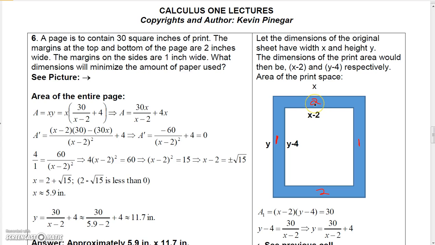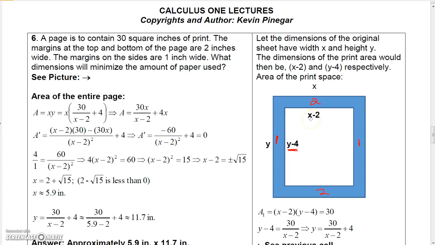Okay, so basically I'm going to call the entire width of the paper X and the entire length of the paper Y. Well, if I'm going to have dimensions 2 here and 2 here, then in the print area, that would be this Y value minus 2 here and minus 2 up here. So the height of that print area would be Y minus 4.